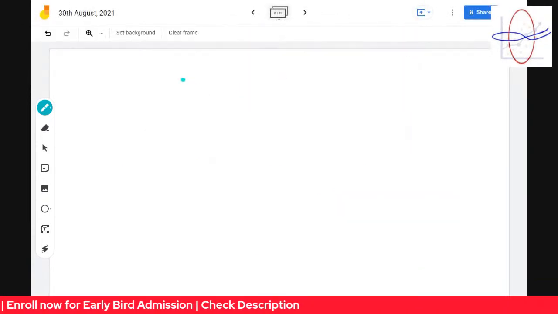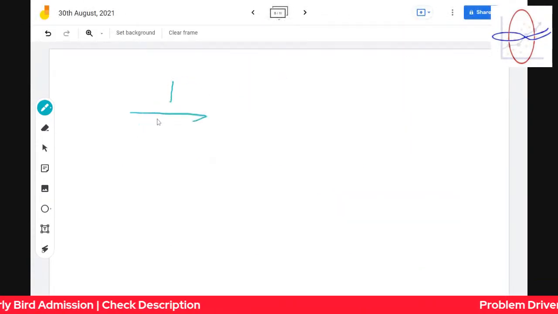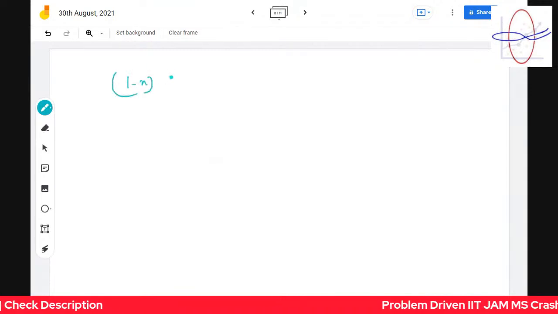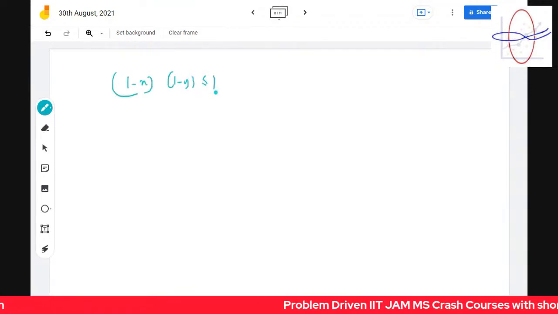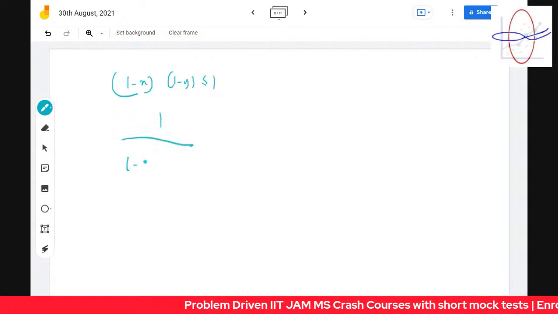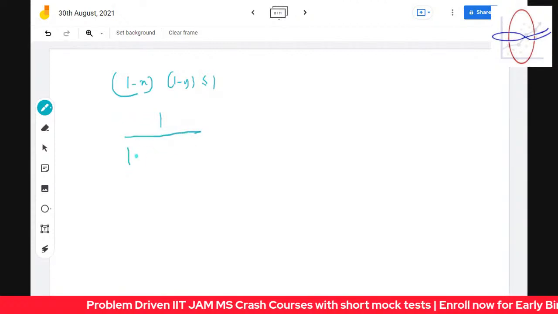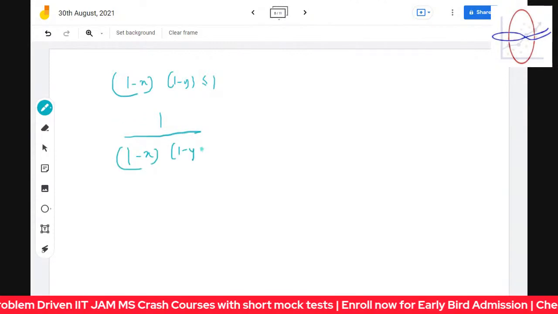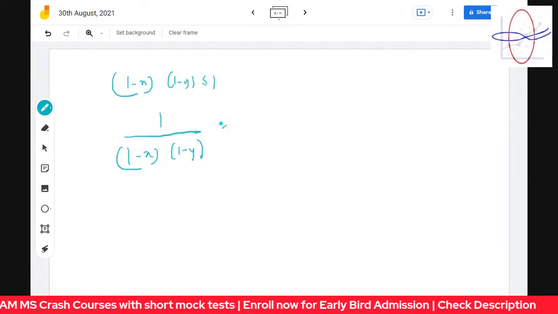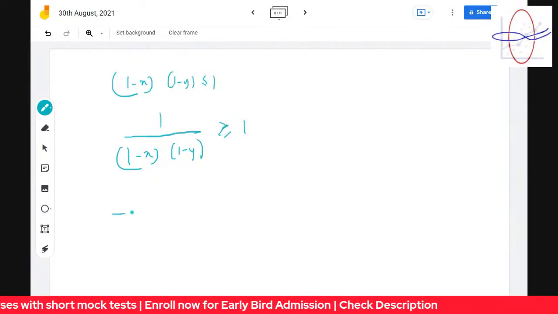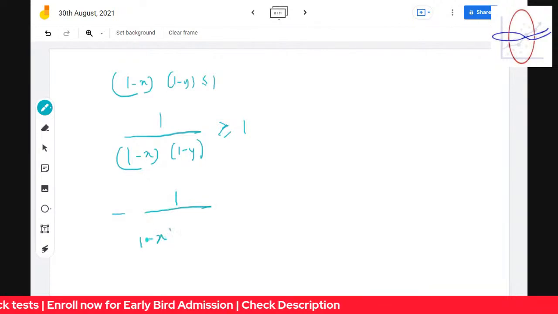So using that, you can show that 1 by (1 minus x) into (1 minus y) is greater than equal to 1. And if you take the minus of this, it is less than equal to minus 1.